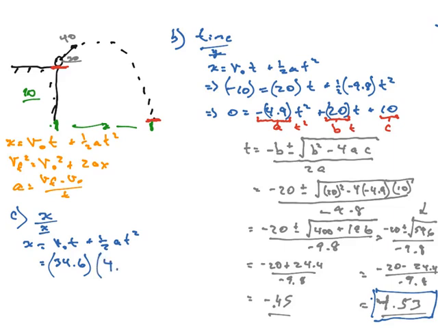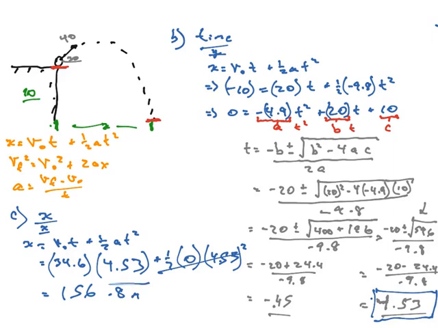Time of flight, 4.53 plus 1/2 x acceleration is 0 times 4.53 squared. This term is 0 because it's multiplying by 0. And so I have 4.53 times 34.6, which gives me 156.8 meters. And there we go.